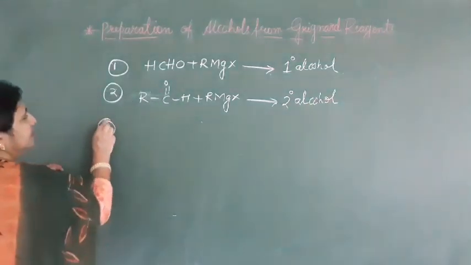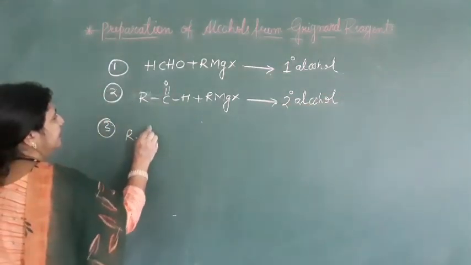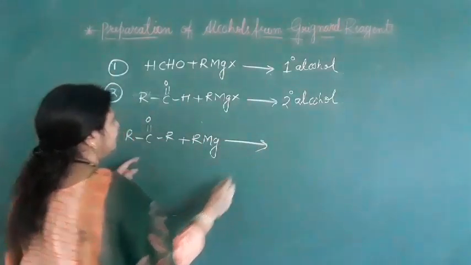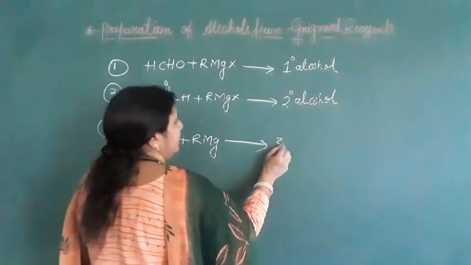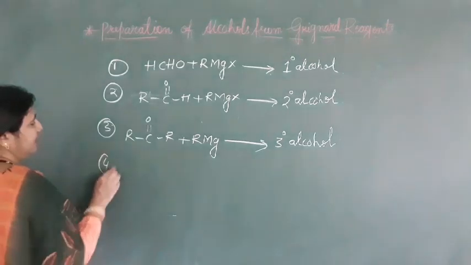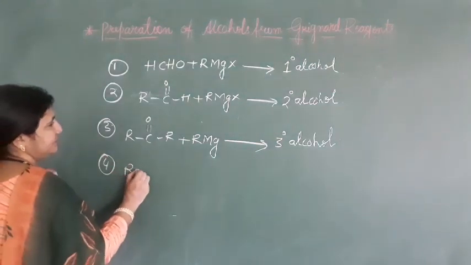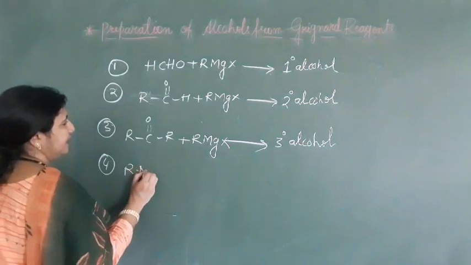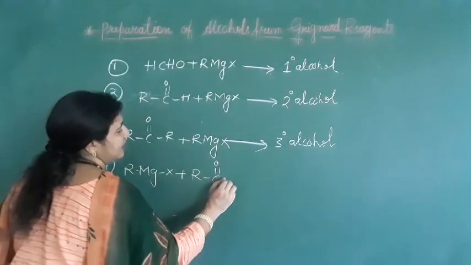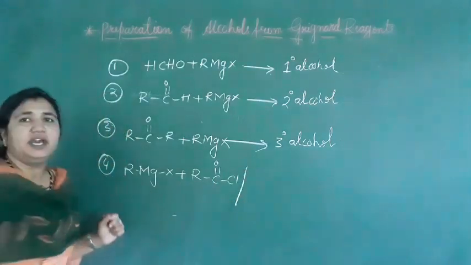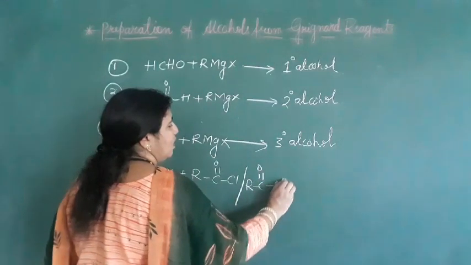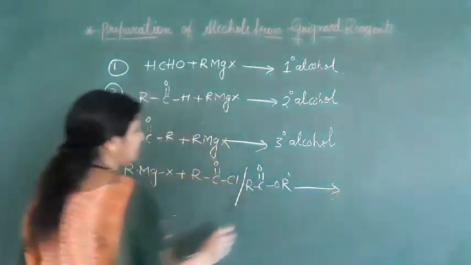And if Grignard reagent reacts with acetone, it gives a tertiary alcohol. And the fourth one, if Grignard reagent reacts with acid chloride, RCOCl, or an ester, RCOOR dash, it gives a tertiary alcohol.